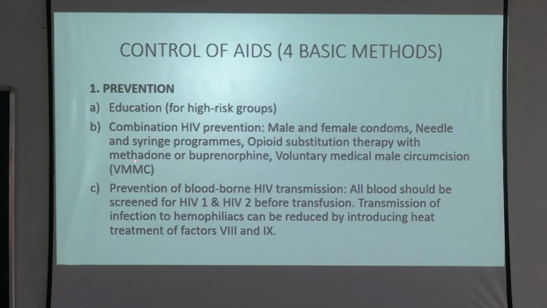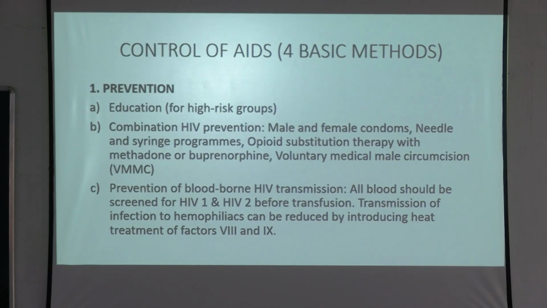What is the usual drug of choice? Methadone or buprenorphine. Also voluntary medical male circumcision. Okay, this circumcision is not for the cause of phimosis, but to decrease the transmission of HIV from seminal fluids.